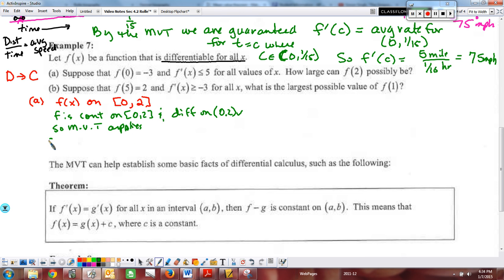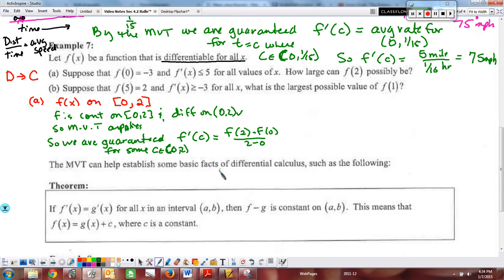Now what that gives us, we are guaranteed that f prime of some value c for some c in the interval 0 to 2, f prime of c is going to equal the average rate of change, f of 2 minus f of 0 all over 2 minus 0.